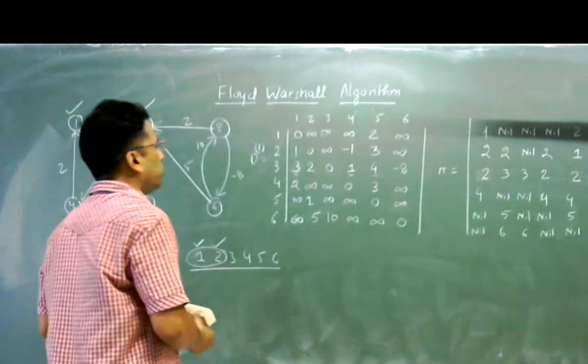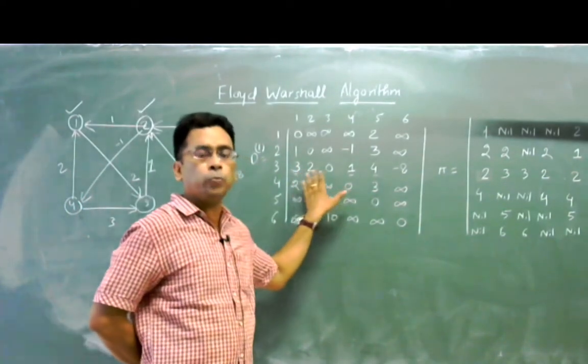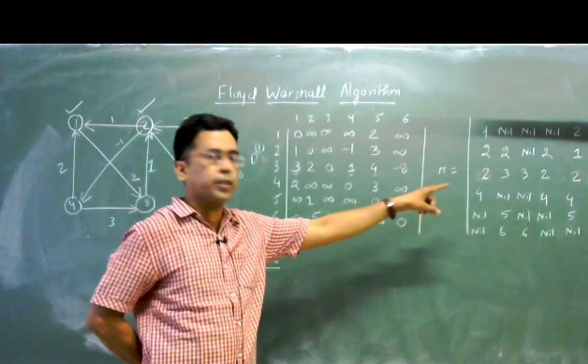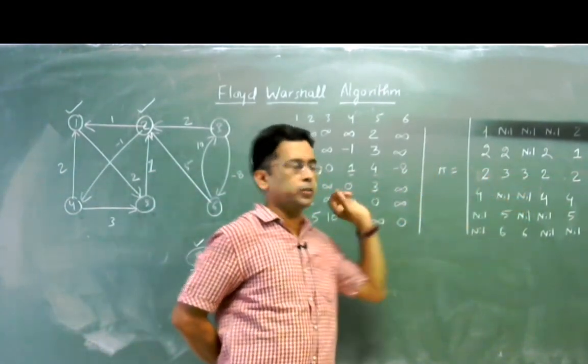And now the position, in which round you perform the update, you mark the corresponding position by that iteration number at that position.